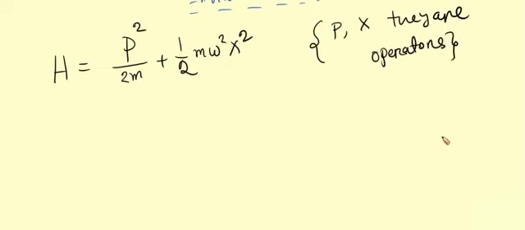And let's say there are some states defined by this n, and these are called energy eigenstates, because each is an eigenstate that corresponds to this operator. So that's why we're calling it an energy eigenstate.